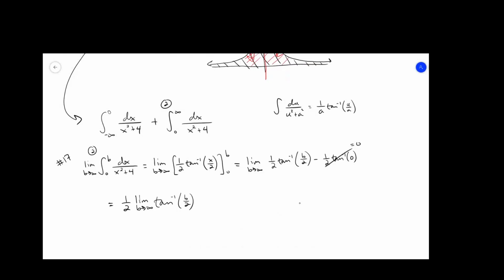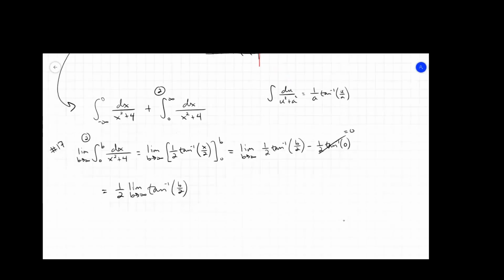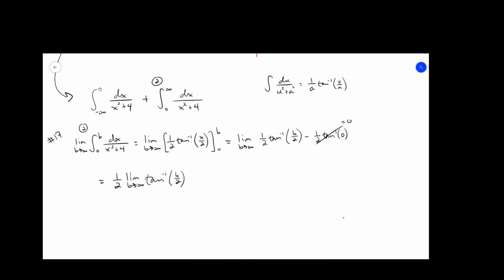So think about what the inverse tangent function looks like. This is one that kind of has to be done graphically, by looking at the graph. If I were to graph y equals the inverse tangent of b over 2, this would be the b axis here.